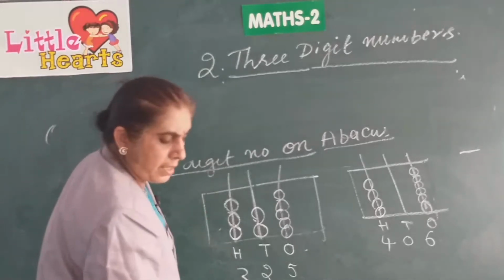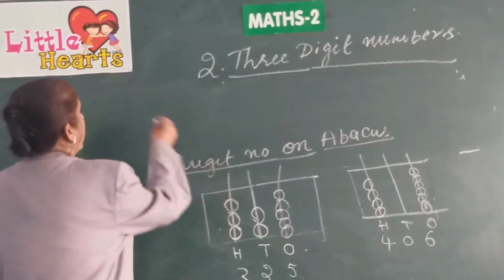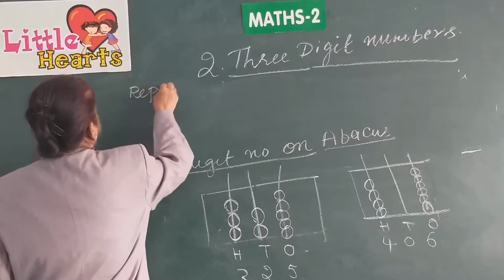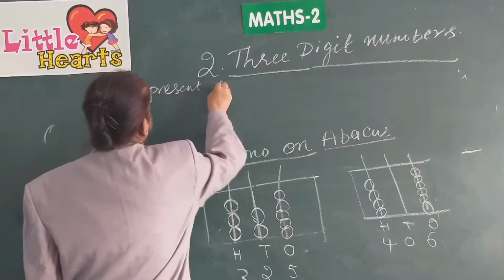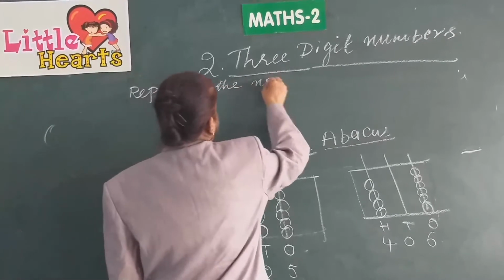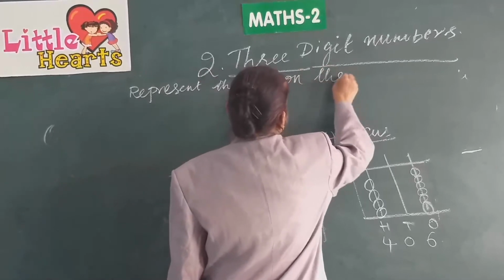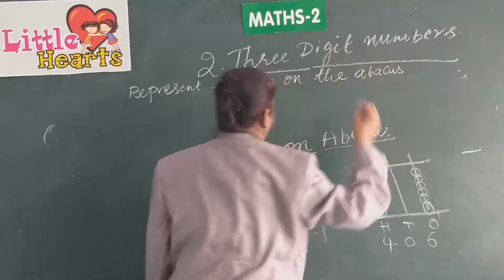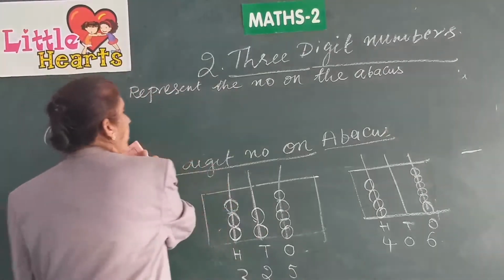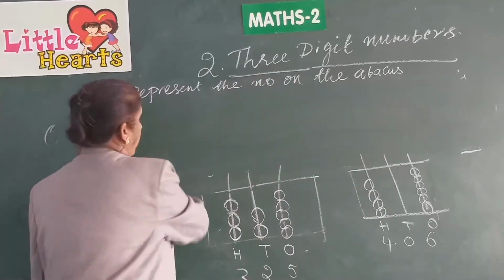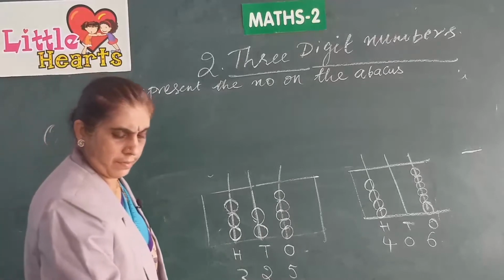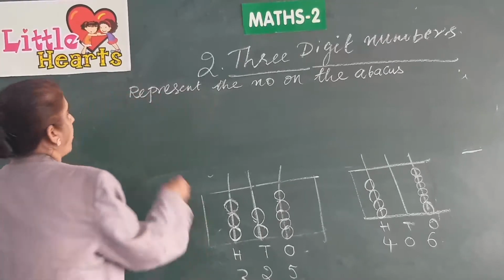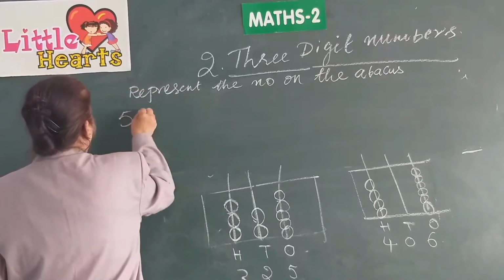Now represent the number on the abacus. 500.